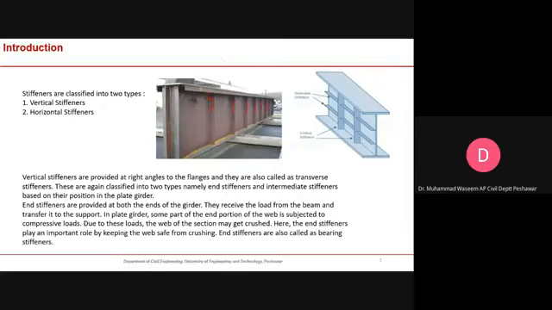When we are talking about vertical stiffeners, they are subdivided into two categories: the end stiffeners and the intermediate stiffeners.